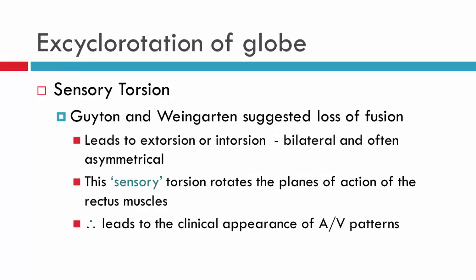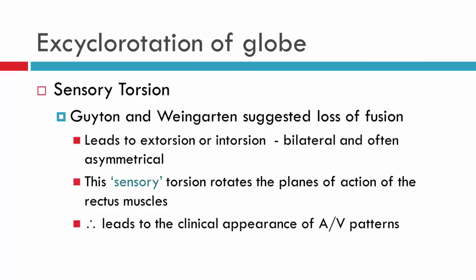Another reason as to why a globe may be excyclorotated is due to sensory torsion. Now, sensory torsion is a term coined by Guyton and Wingarden, and they suggested that the globe can excyclorotate or intort where there is a loss of fusion. Now you'll recall in concomitant strabismus we talked about sensory or secondary exotropias and esotropias that are caused by loss of visual acuity.